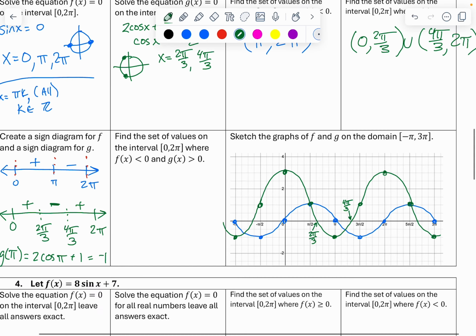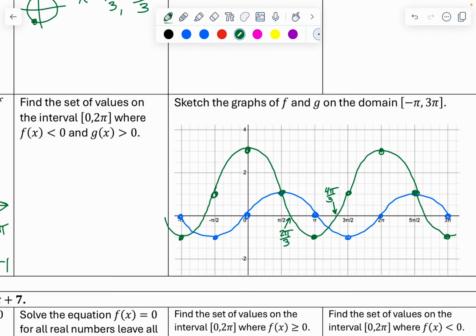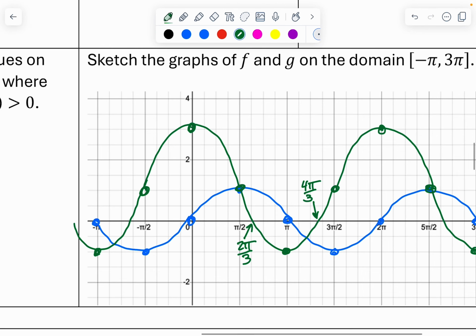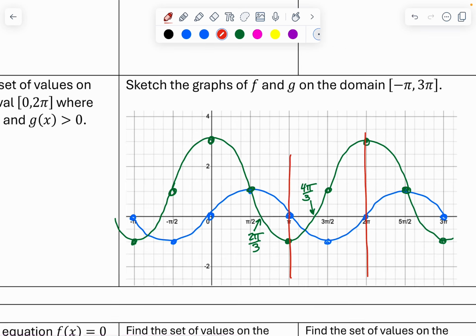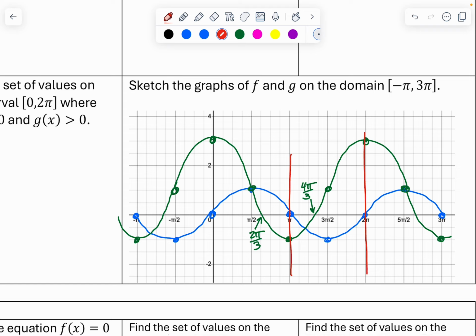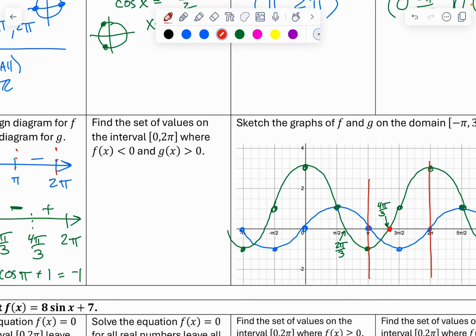Super. Okay, and now they want to know where both things happen. So where is f of x less than 0? Looking at the graph, that narrows my world down to from here to here. And inside that world, where is g of x greater than 0? Well, from 4 pi over 3 is where it becomes positive, so 4 pi over 3 to 2 pi.